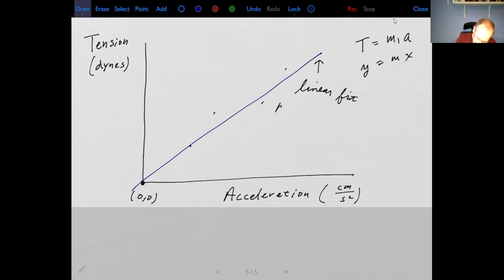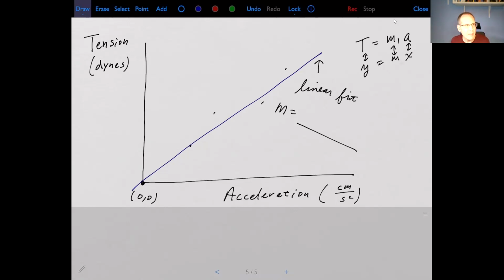And then the slope is going to be really important, right? Because what does the slope represent? Well, if we compare, the Y variable is our tension, the X variable is acceleration. So the slope must be the mass of the cart, right? The slope must be M1.